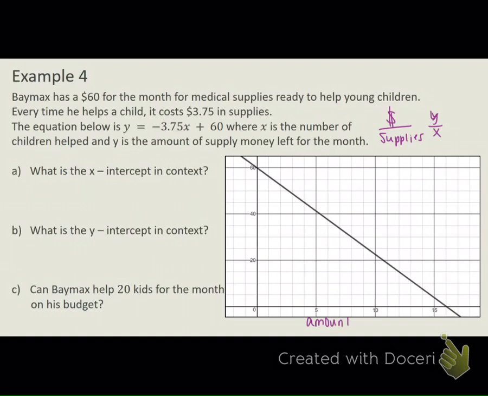So we need to change that. So it's per child, so that's why it says that. Each child he helps uses one thing of supplies, so that's why x is that, and y is the amount of supply money he has left. So that does make sense. Never mind, I read it wrong.